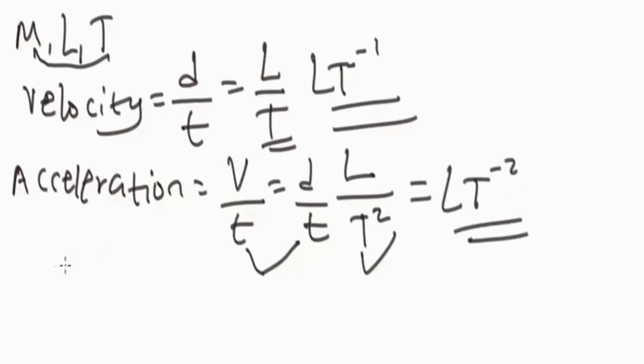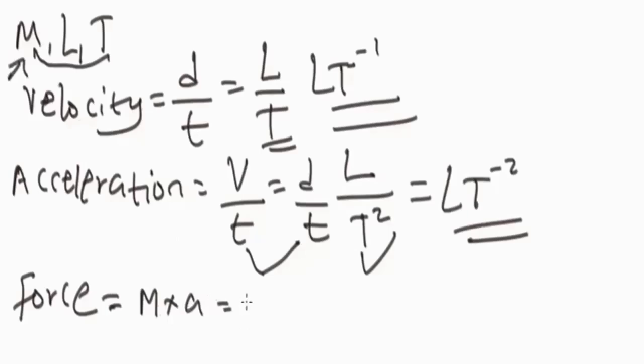Alright, so what if we are asked to find the dimension of force? What would be the dimension? So force is calculated using mass times acceleration. Since mass is relating to this, the mass will remain the same. So we have mass times acceleration. The dimension of acceleration here, we have it to be length per time square.